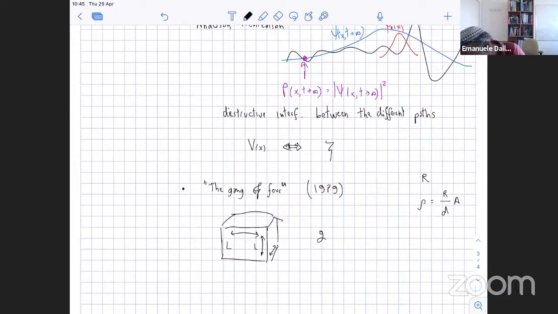Okay, so this is in the case where you have a system of size. There is a cut, the cut has width A, the area A, and D is the length. So R is called the resistance, and rho is called the resistivity.